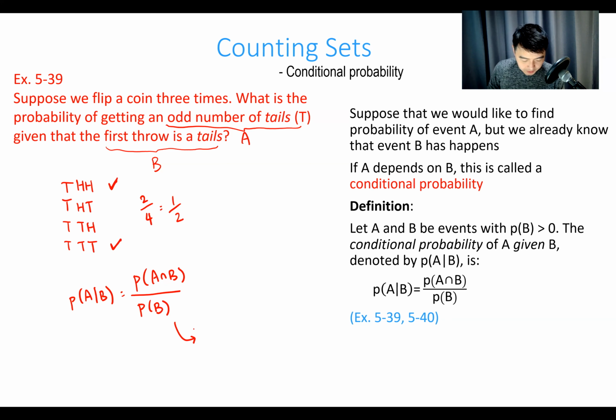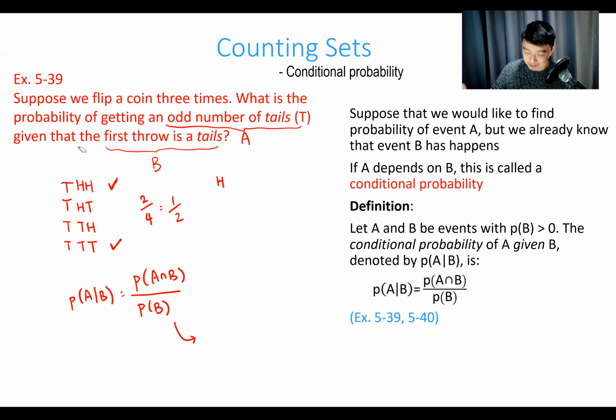Okay, so I'm going to continue writing out all of the cases. So these are 4 of the cases, but how many outcomes can happen with 3 coin flips? Well, we don't only have to analyze the tails being first, we also have to analyze the head being first.